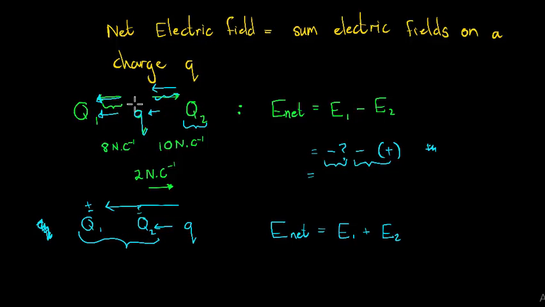So if these are opposite charges, they will have a similar effect to this situation where I've got the same charges, where, for example, if both have negative charges, it would be negative something plus negative something. Notice here, two negatives being added together.